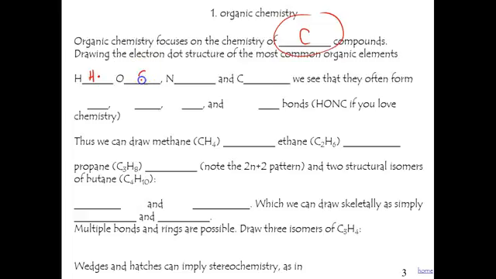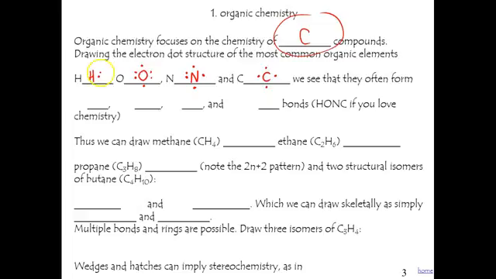Oxygen has 6 valence electrons, but in accordance with Hund's rule, we're going to draw 2 lone pairs and 2 bonding electrons. Nitrogen has 5 valence electrons, so 1, 2, 3, 4. Whoop, somebody better be doubled up. 1 lone pair, 3 bonding electrons. Carbon, 4th column, 4 bonding electrons, no lone pairs.